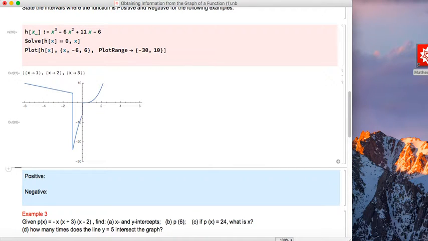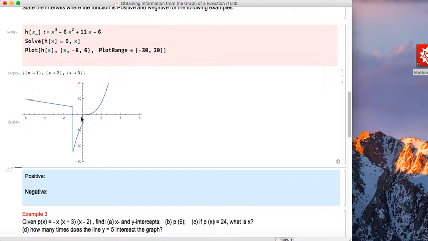Let's change to -30, and also change to -30 to 20. Okay, looks better. Here we can see the part of the graph. This is a vertical line and this is vertical.